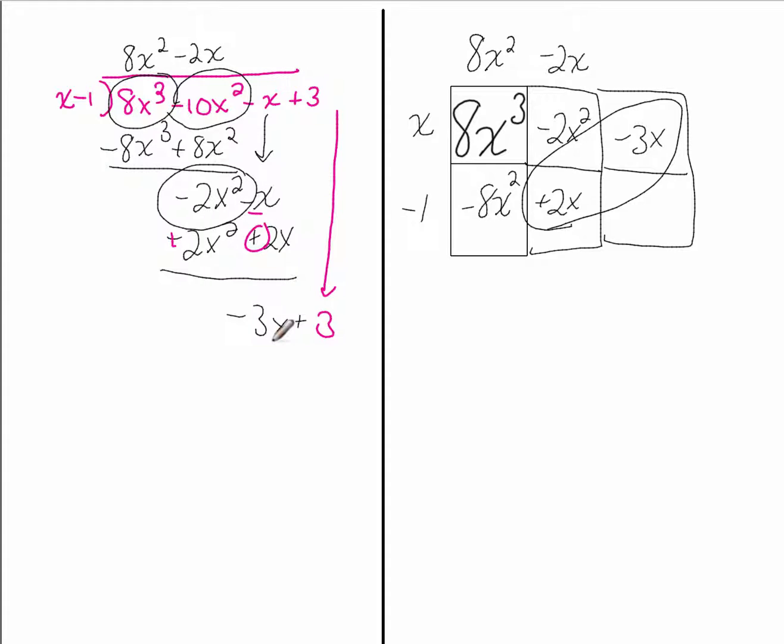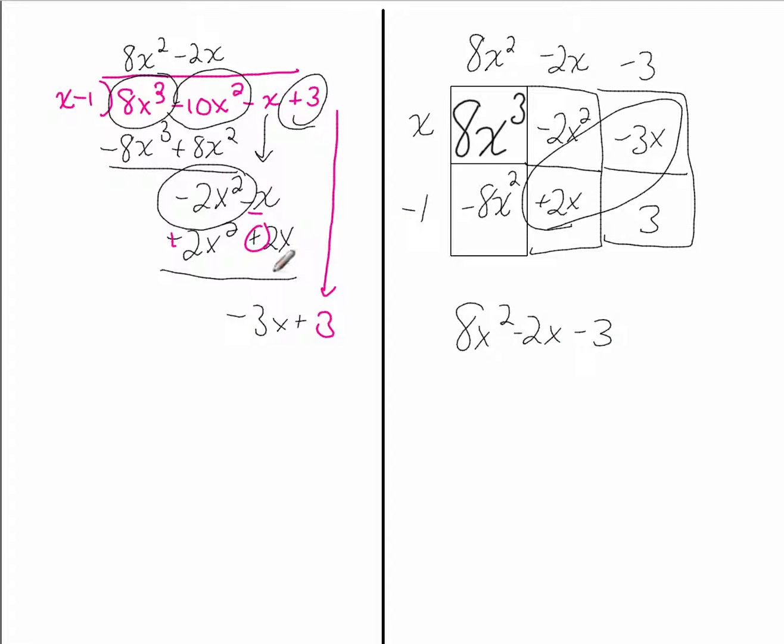Hey, just got there. So you think, x times what gets me -3x? -3. -3 times -1 is +3, which we know is the end. So we know our answer is x squared minus 2x minus 3.